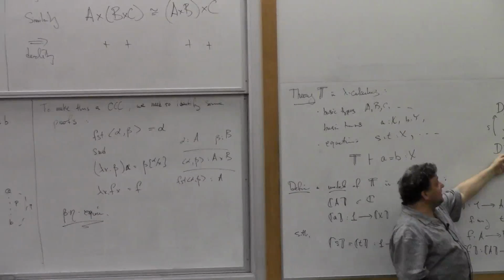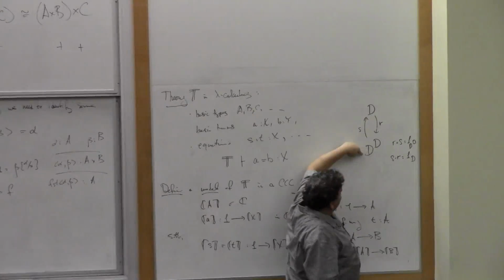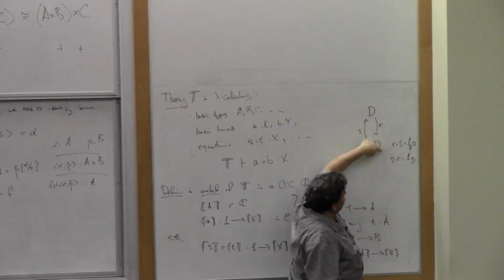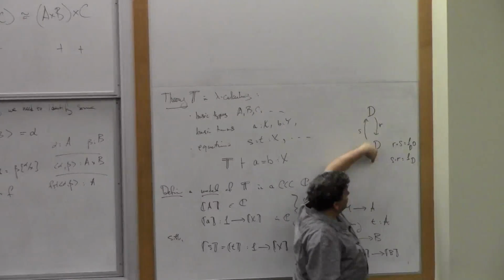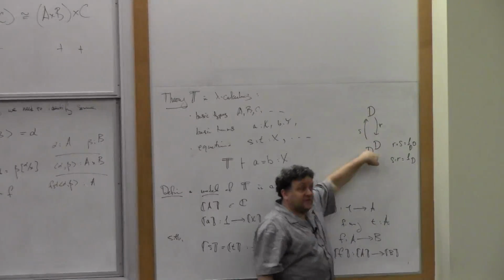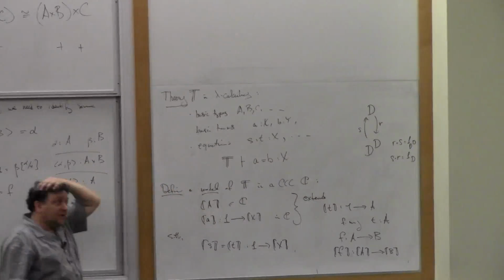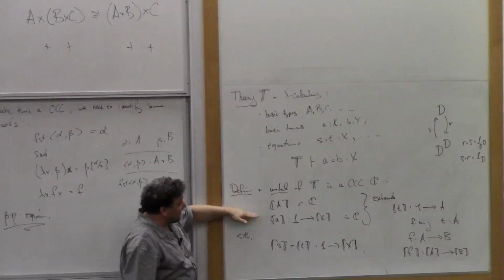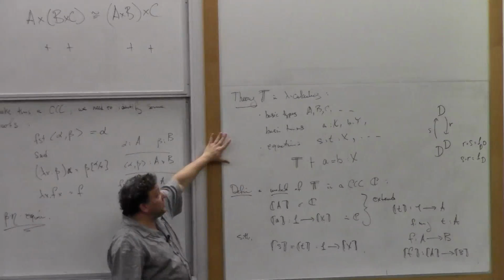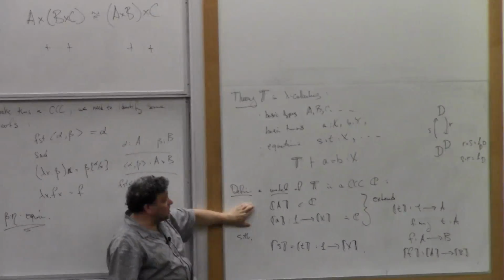It'll be an object D such that the exponential of D with itself will admit a retract from D. Yeah? A section-retraction pair from D. So it captures exactly the intuitive notion of an interpretation of the lambda calculus into a Cartesian closed category.